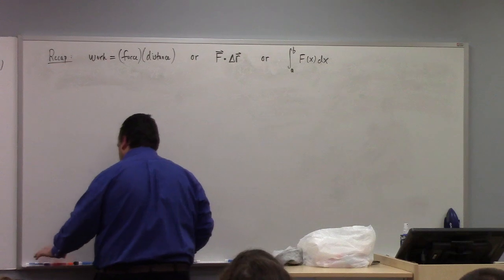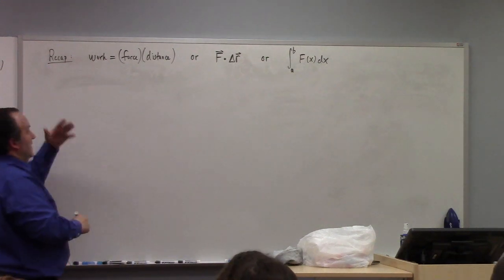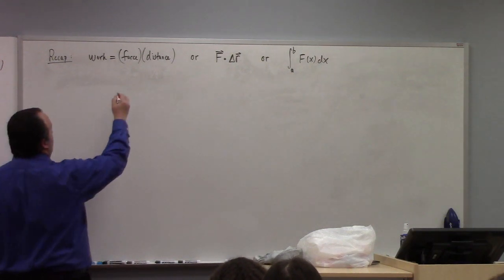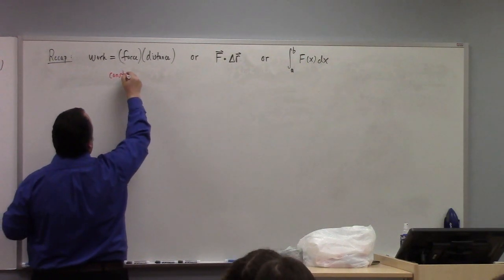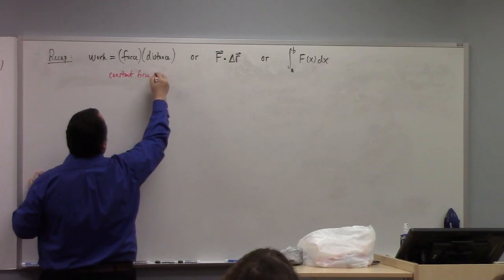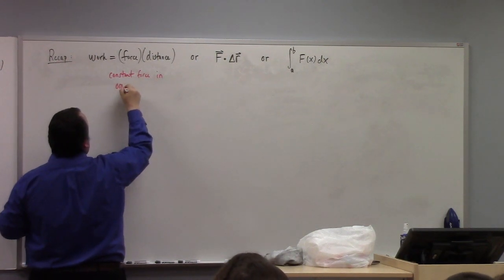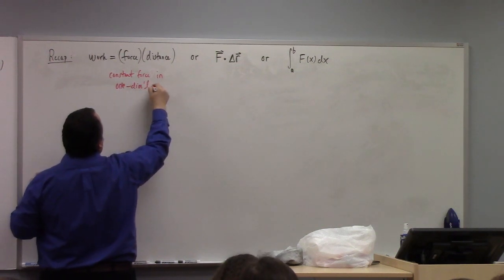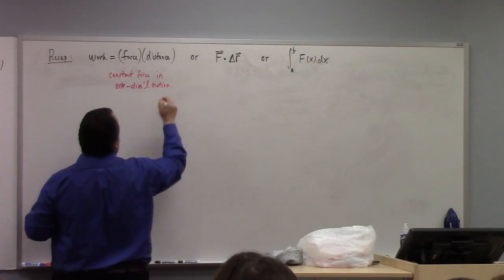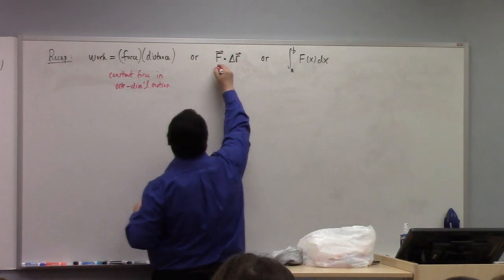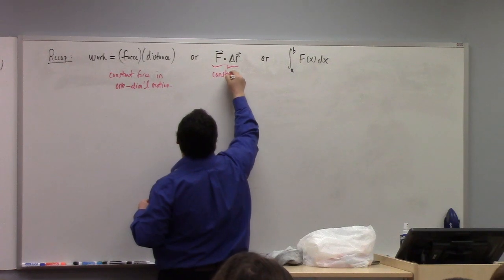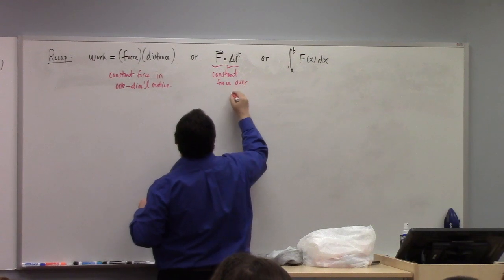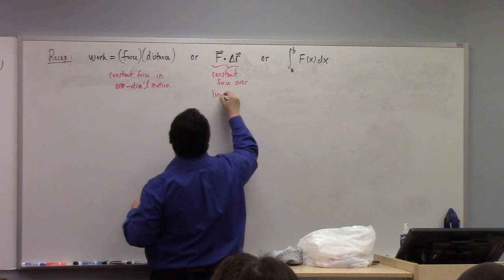You guys tell me, what's the fine print in each one of these cases? If I'm going to write work as force times distance, what are we talking about? We're talking about a constant force, in one dimension, over a line segment.